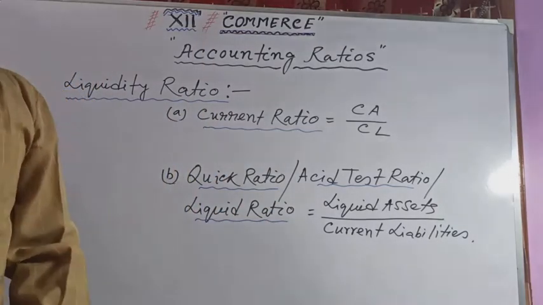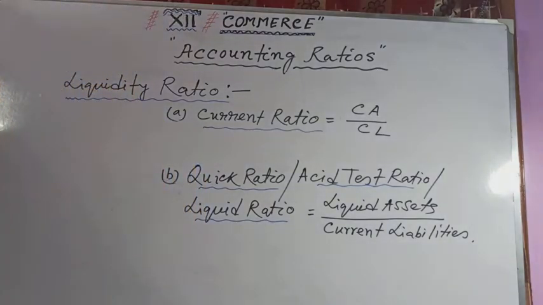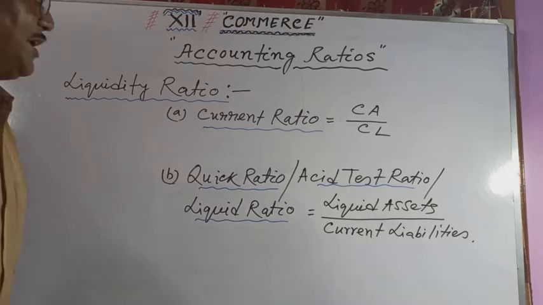Another name is short term solvency ratio. The short term solvency ratio is used to assess the short term financial position of the firm. Therefore, this ratio may be called short term ratio.